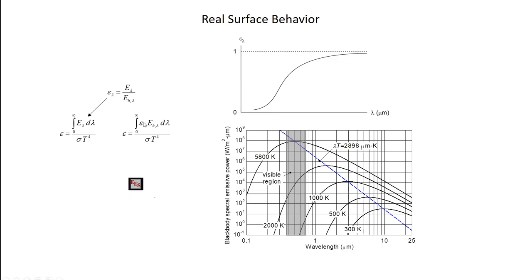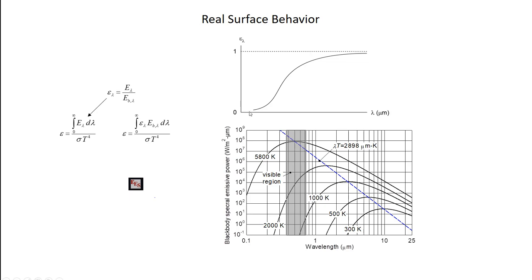But if that's not 1, then what this is doing is weighting the black body emissive power according to this hemispherical emissivity. So I can have this hemispherical emissivity, but depending on what the temperature of the surface is, this can give me different values of the total hemispherical emissivity, right?